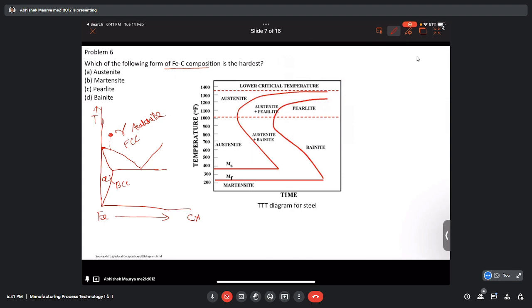Suppose we have a composition here with some strength and some ductility, and we want to change it. We increase its temperature above this line. This is the gamma plus alpha region, and in this region we have alpha plus Fe3C.